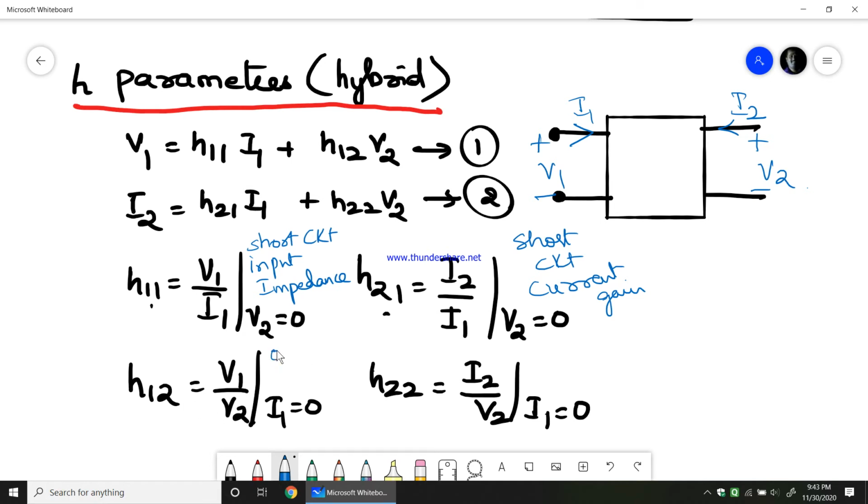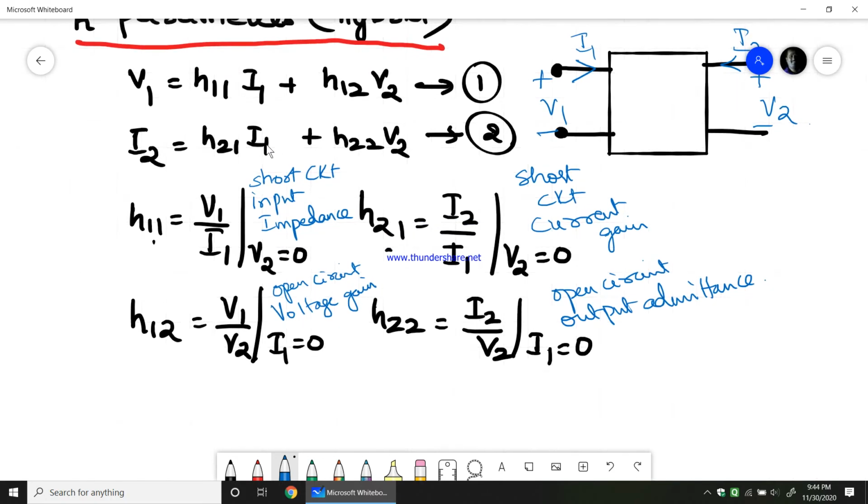Therefore, this is open circuit voltage gain. Similarly, I2 by V2 is output admittance, the open circuit output admittance.